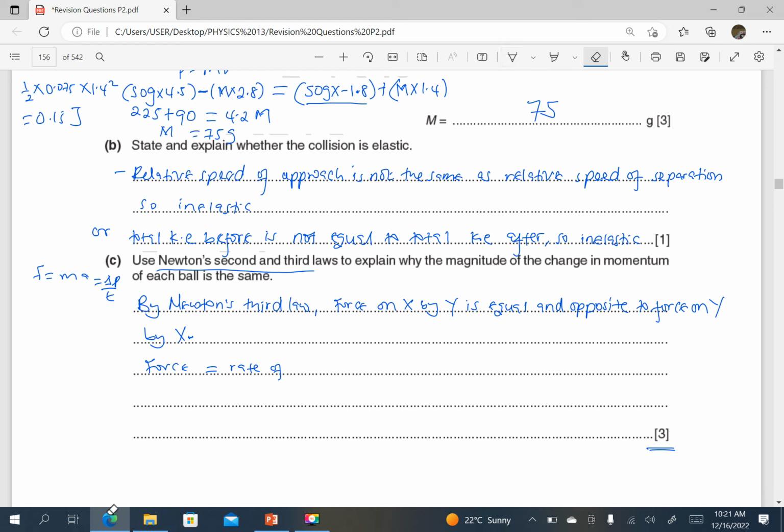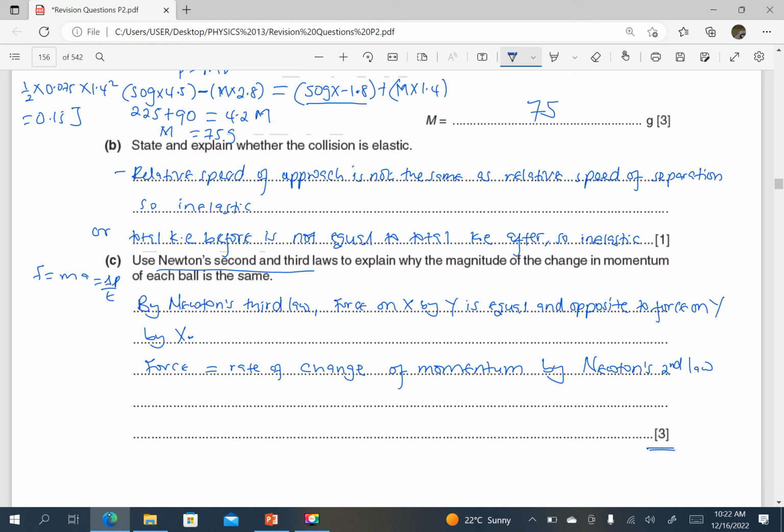And when I say rate of change of momentum, that is change in momentum with time.